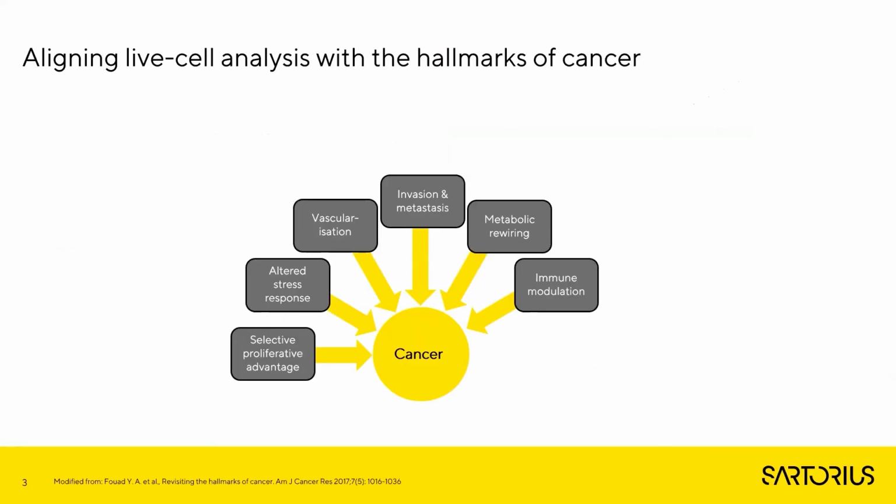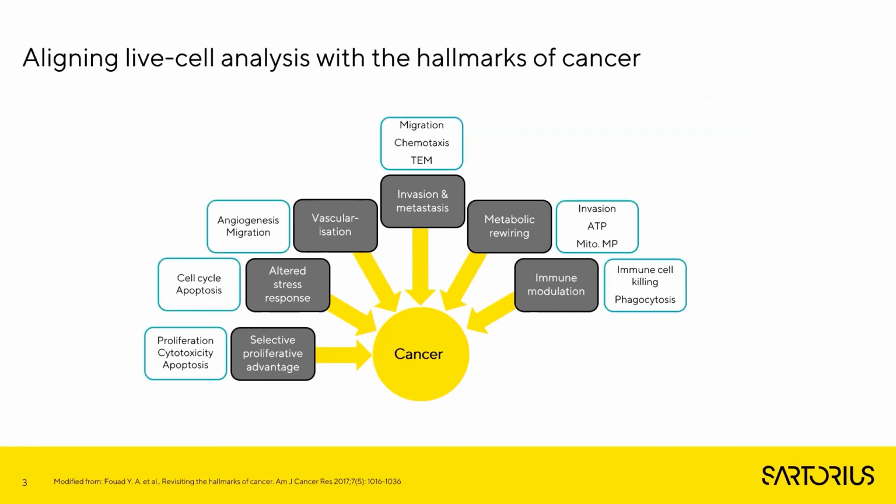Before doing so, I'd like to first revisit the known hallmarks of cancer as first described by Hanahan. These are highlighted here and describe a set of underlying attributes which cancer cells display.